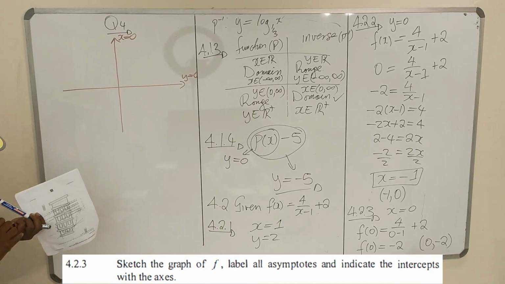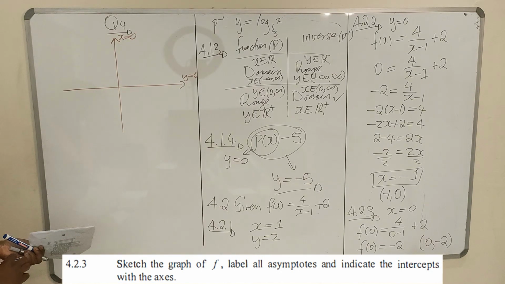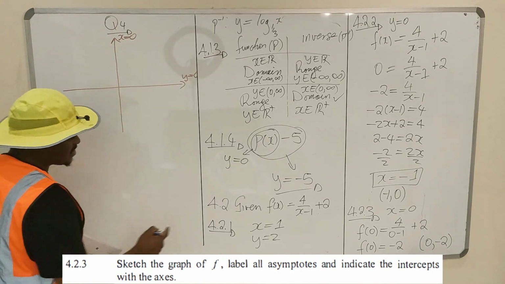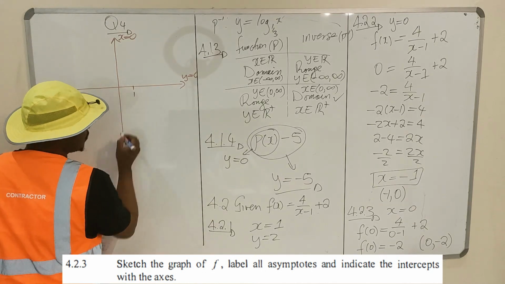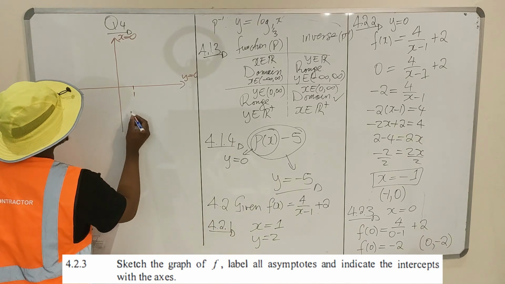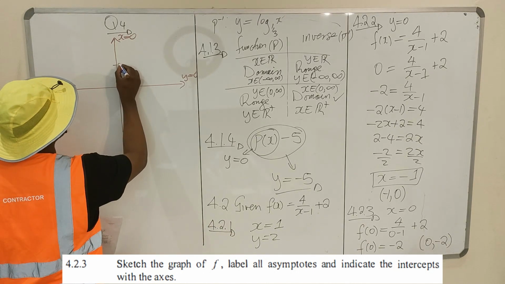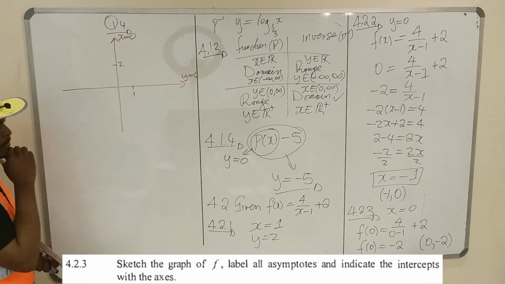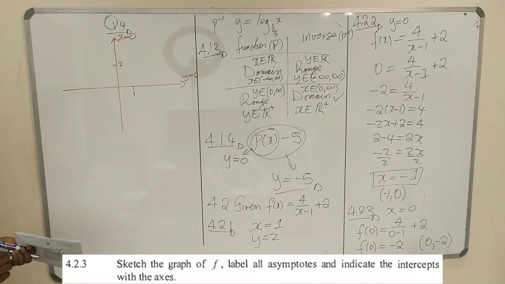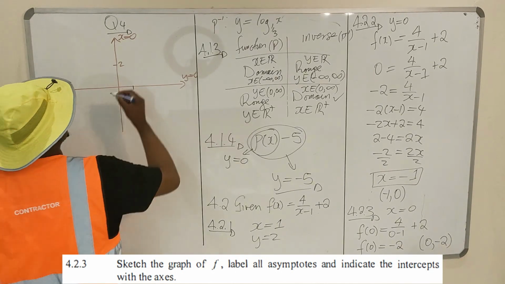Label our graph. What do we need to show? The intercepts. Actually, we have the asymptote at x equal to 1, and the horizontal one, y is equal to 2.